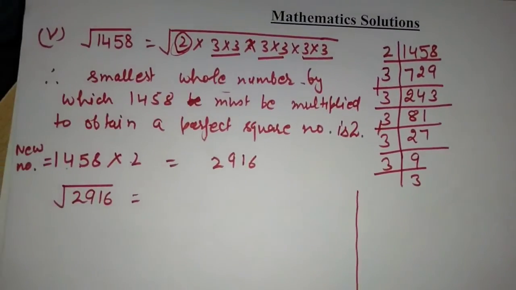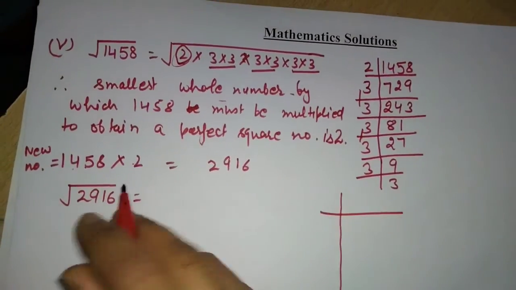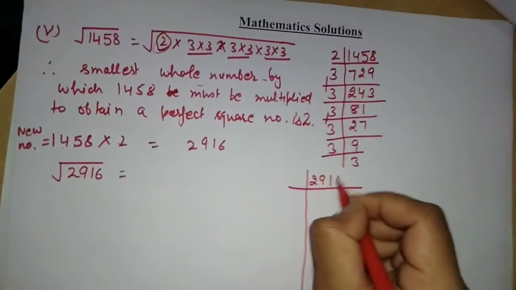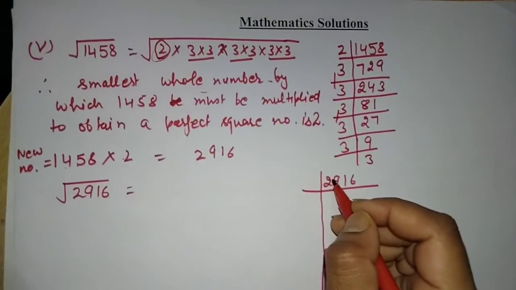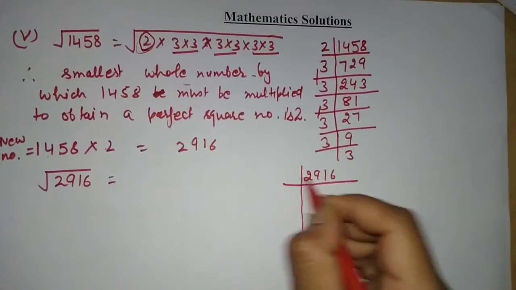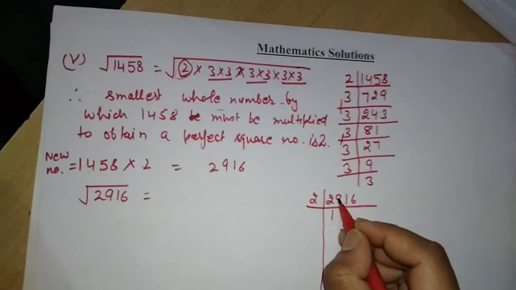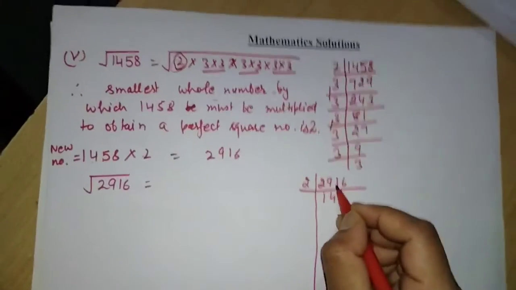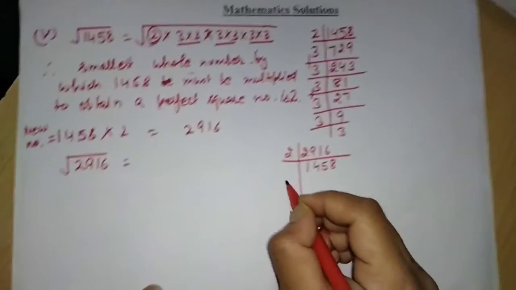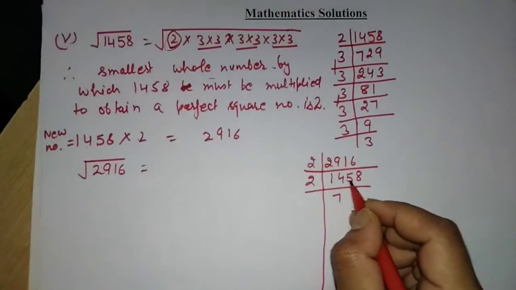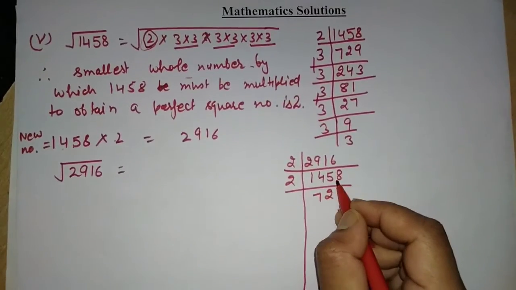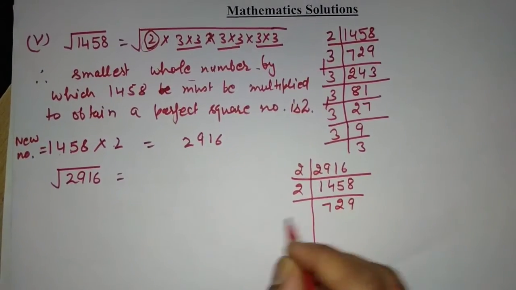So we have to again find the prime factors of the new number that we obtained by multiplying it with 2. So 2 1s are 2, 2 4s are 8, 2 5s are 10, 2 8s are 16, 2 7s are 14, 2 2s are 4, 2 9s are 18.